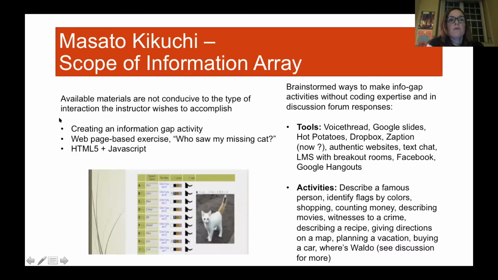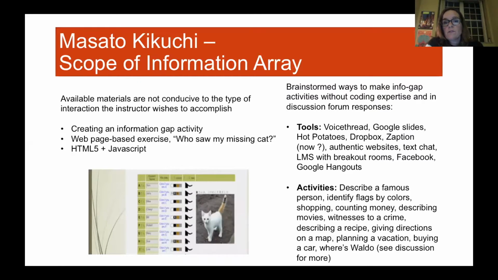We started with Masato Kikuchi on scope of information, array of viewpoints, I believe it was. Available materials sometimes are just not conducive to that type of interaction the instructor wishes to accomplish. And so Masato showed us a wonderful information gap activity that he had created using HTML and JavaScript.